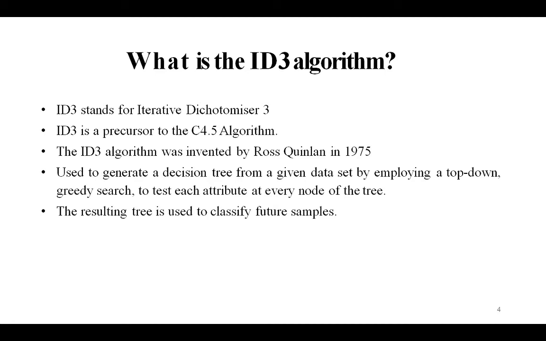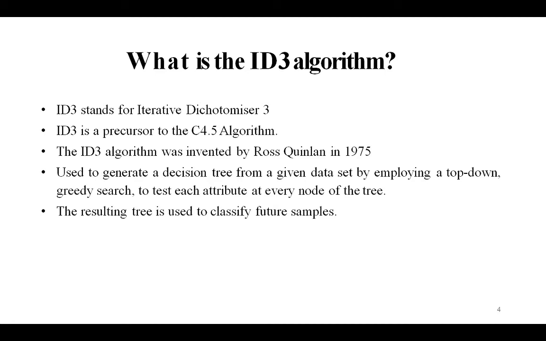The ID3 algorithm is used to generate a decision tree from a given data set by employing a top-down, greedy search to test each attribute at every node of the tree. The resulting tree is used to classify future samples, or for prediction and future decisions.